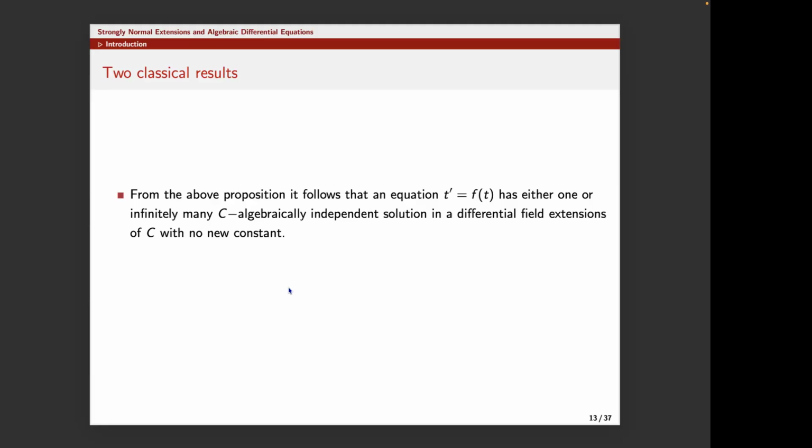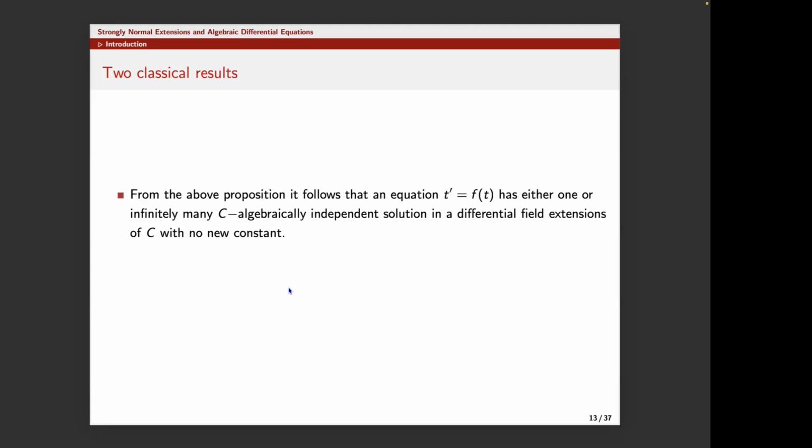And if f(t) is not of those forms, then one can show that it has infinitely many algebraically independent solutions. By that I mean for any natural number n, there exists a differential field extension which is a no-new-constant extension and contains n algebraically independent solutions of this equation t' = f(t).